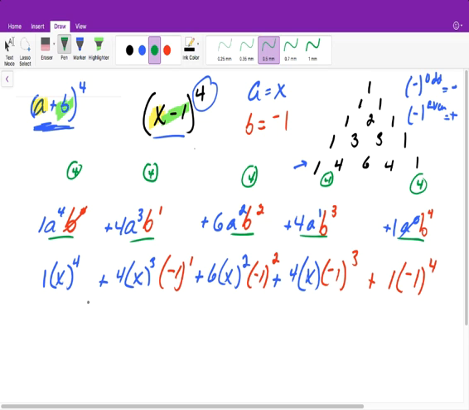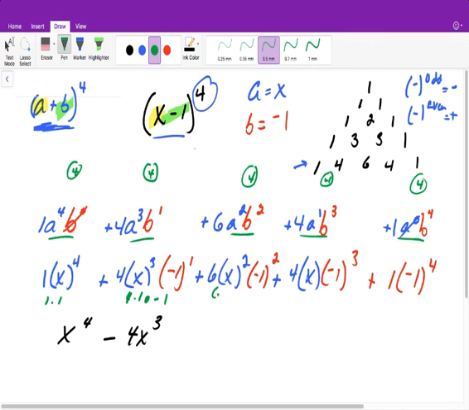All right, so let's go ahead and do all of our coefficient math. This is a 1 in front, so it's just 1 times 1, which gives me x to the fourth power. Here we're left with 4 times 1 times -1, because -1 to the first power is still negative, so that gives me minus 4x cubed.